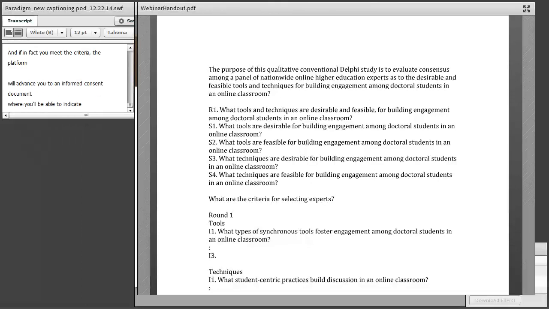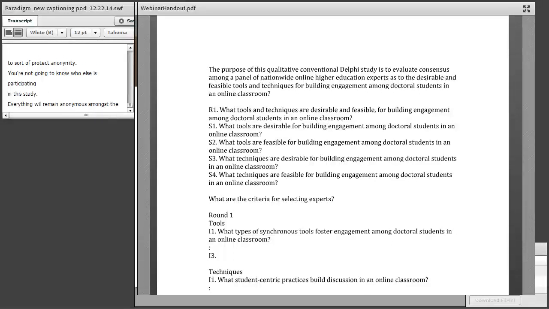I'm not going to ask you for your name per se, but I'm going to ask you to come up with an identifier that you'll be able to use for future surveying that's going to go on during the study, as one way to protect anonymity. You're not going to know who else is participating in this study. Everything will remain anonymous amongst the participants.